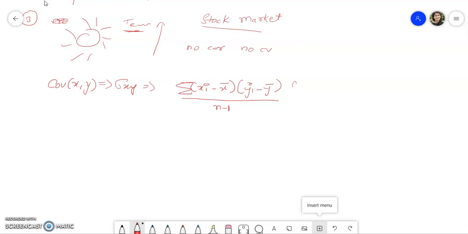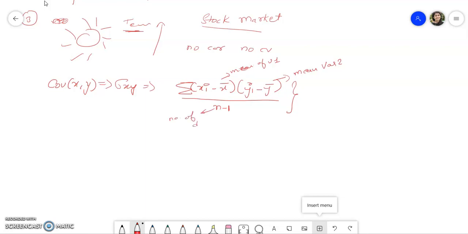This is the formula for calculating the covariance, and this is the mean of variable 2, and this is the mean of variable 1, whatever the variables which you are comparing, and this is the number of data points.